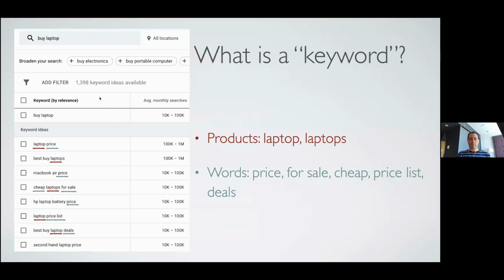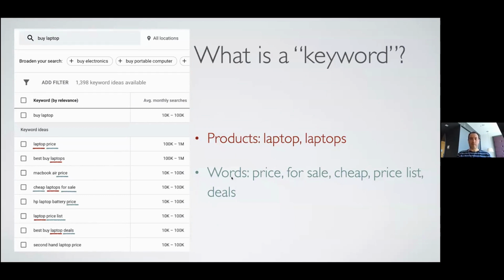So let's do a very quick keyword research and do selection. So we said the keyword needs to have the product and needs to have a word. So if I give the keyword planner "laptop", it gave me those suggestions. So these are the products: laptops. MacBook Air is a laptop, but it's not the generic laptop that we mean over here, and so on. You can see which ones contain the product and which ones don't.